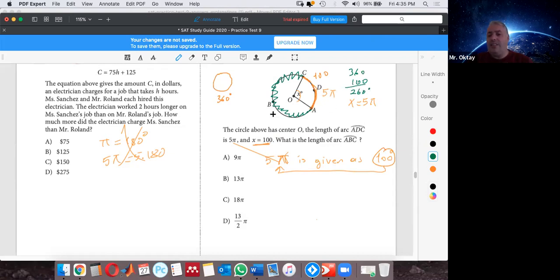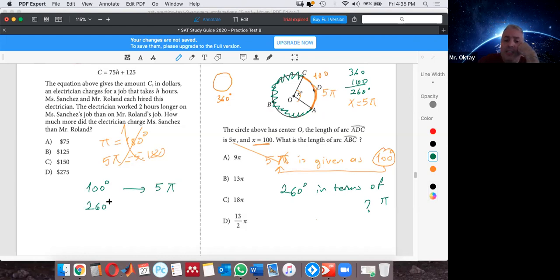So the question is: what will be 260 degrees in terms of pi? There is a given fact. It is saying that 100 degrees is 5 pi. So I am asking you now, 260 degrees is how many pi?